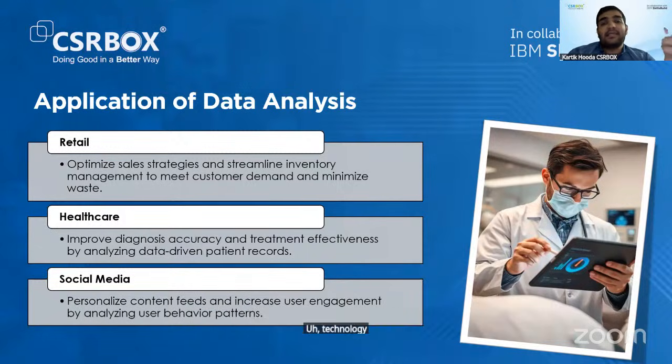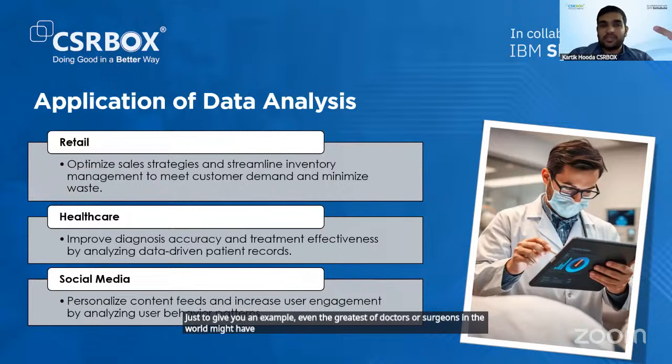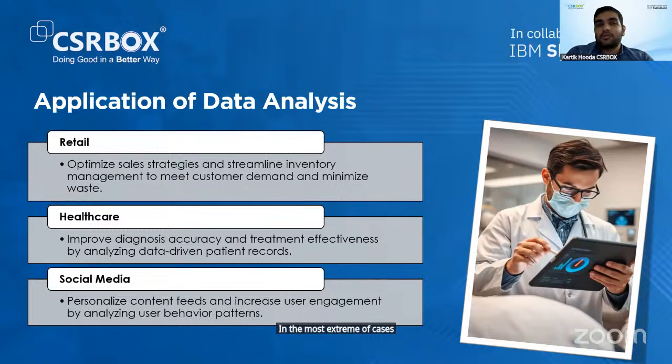technology and data help you make better decisions, because of the manual decisions that were being made previously. Just to give an example, even the greatest of doctors or surgeons in the world might have gone through 1,000 or maybe, let's go extreme, in the most extreme of cases, a good doctor or surgeon must have gone through 10,000 cases in their career.